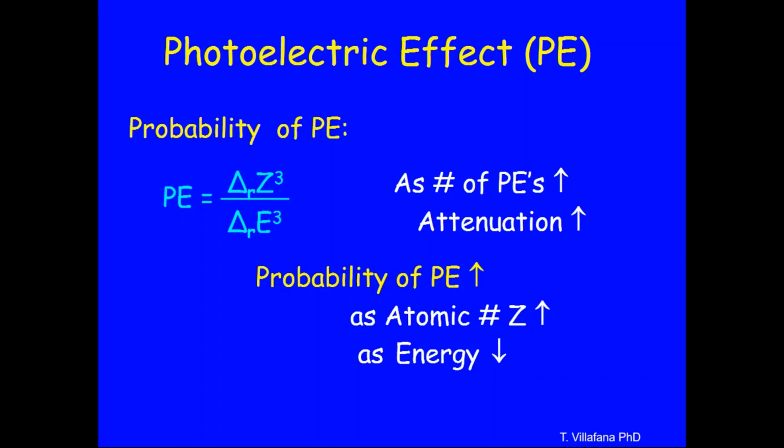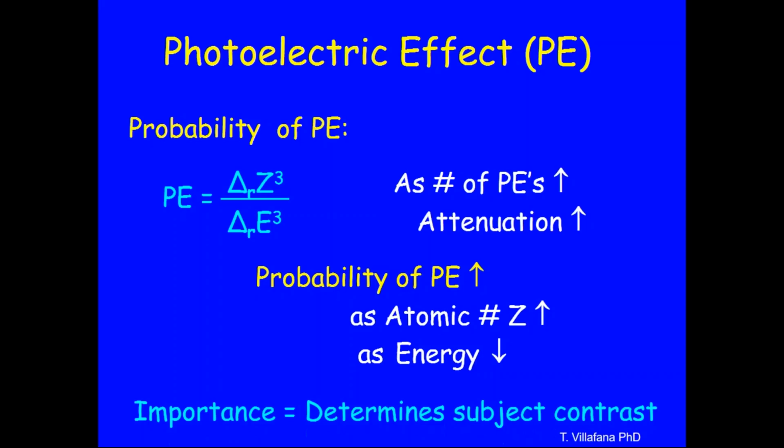So you have a much less probability of photoelectrics in tissues as compared to the higher atomic number materials. And notice there's an inverse relationship with energy. The lower the energy, the greater the probability. So at low energies, you have much more photoelectric effects.